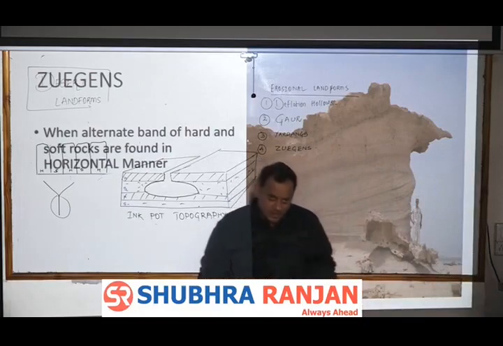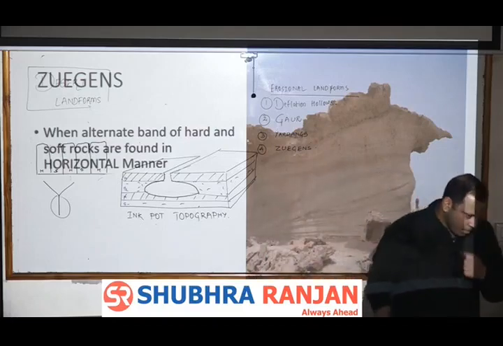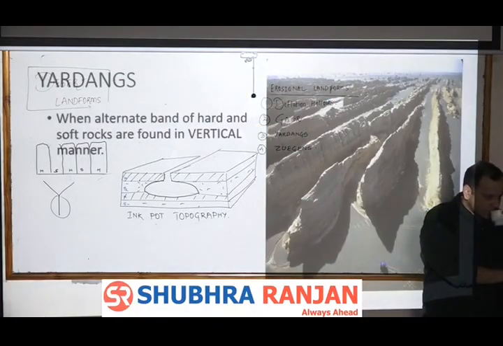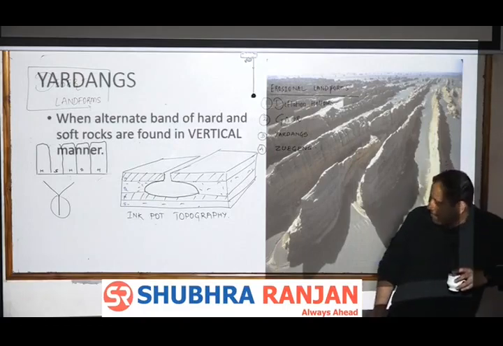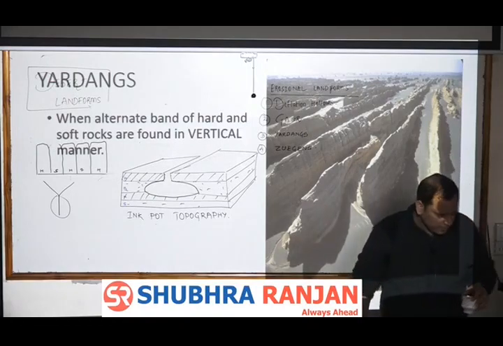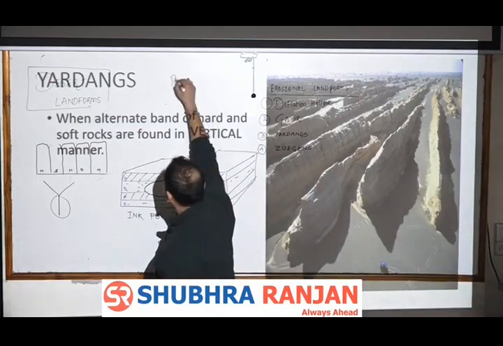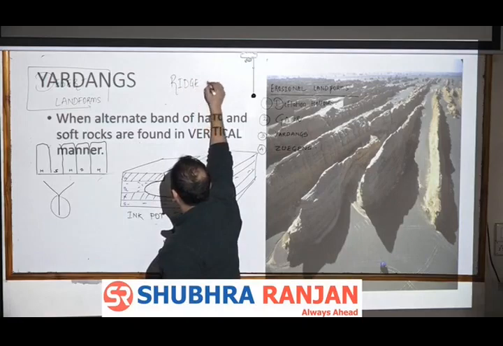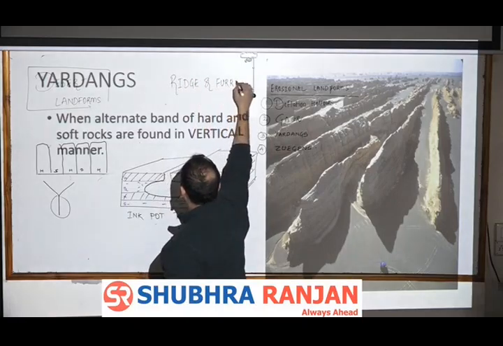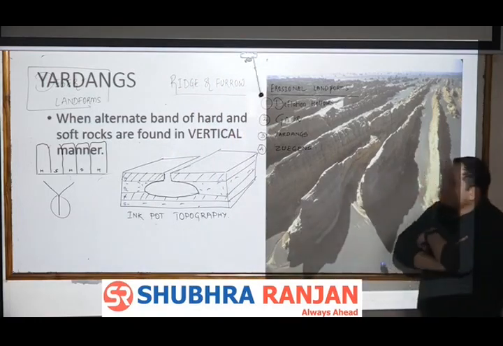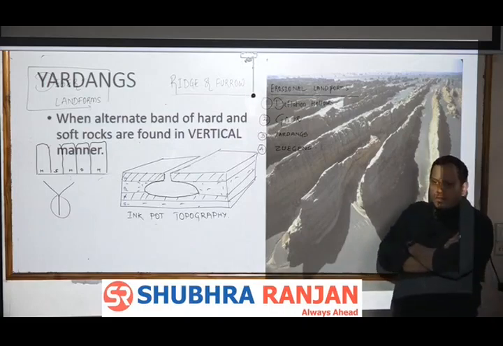The wind easily erodes the softer rocks, giving rise to ridge and furrow topography, known as Yardangs.